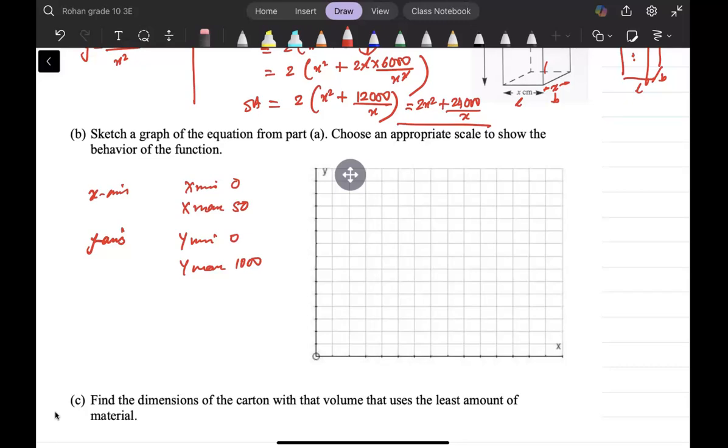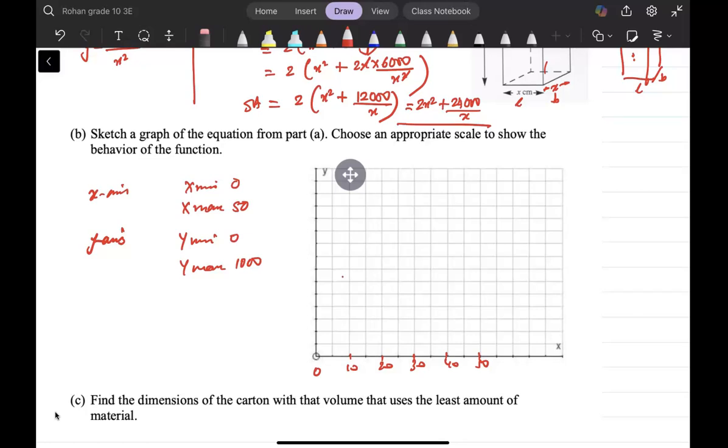Now when you fit in the graph, what's your turning point? The minimum, where the graph turns basically. That would be 8.43 and 427.